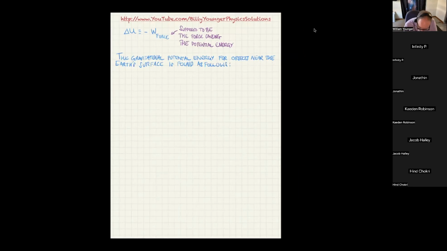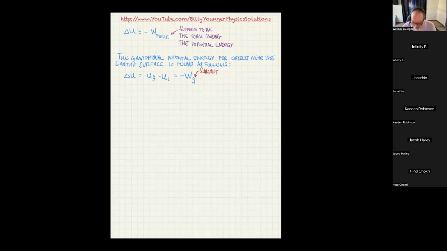So what I'm saying is delta U, which is U final minus U initial, is equal to the negative of the work done by gravity. So that's a subscript, not multiplication. And I said near the Earth's surface.